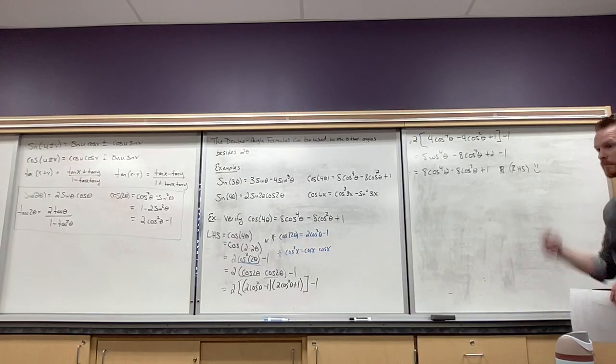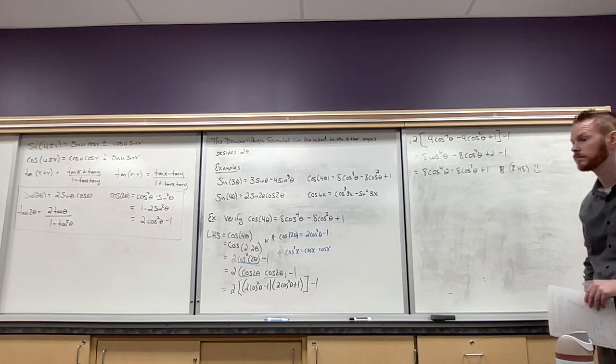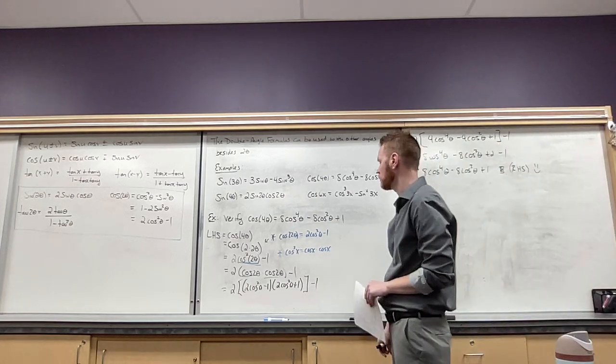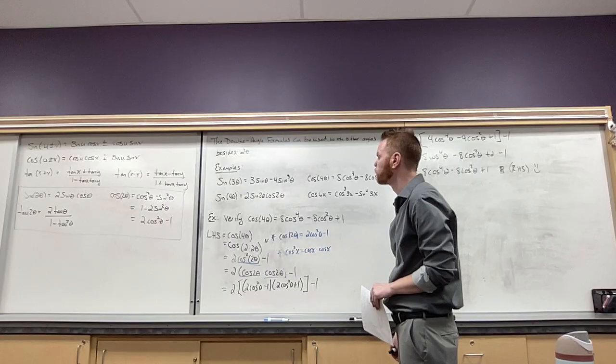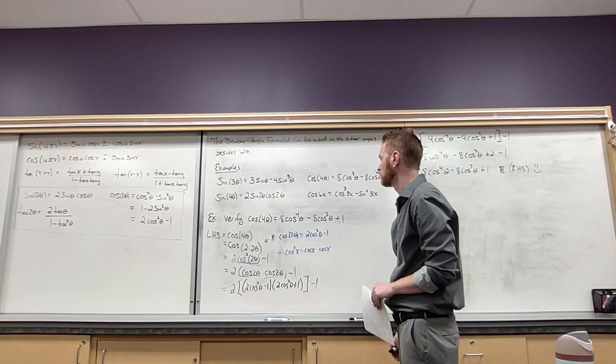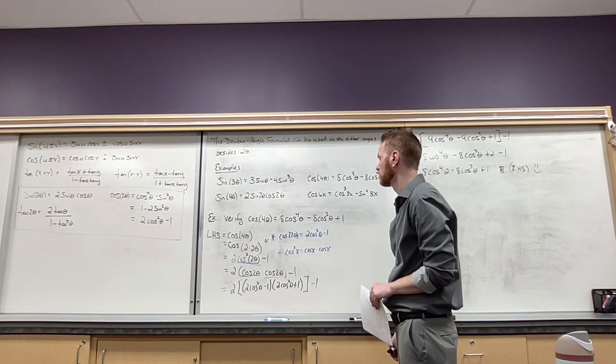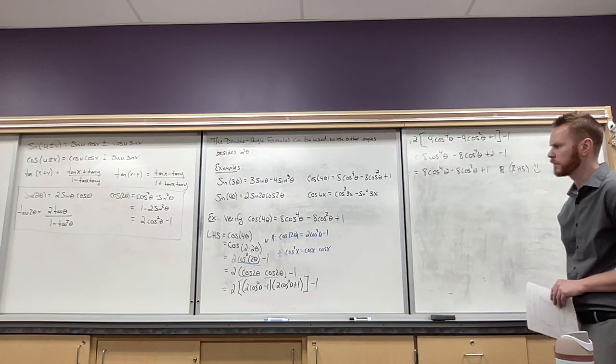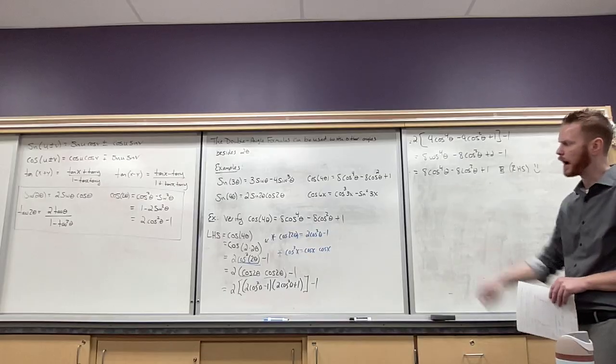Yes? Why can't you just take the cosine 2 theta formula and just multiply it by 2? Cosine 2 times 2 theta, so just 2 times 2 theta. It wouldn't work out to be equivalent though. Multiplying by 2 wouldn't give me a 4th power, right?